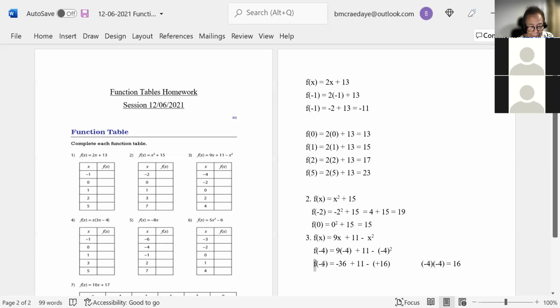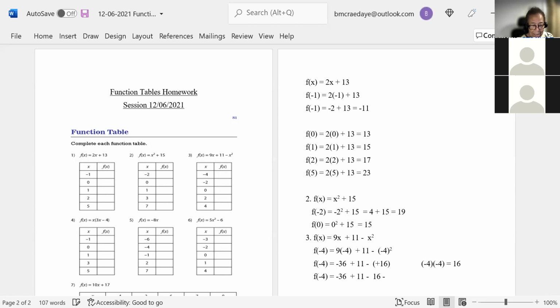So let me just copy this. Okay, so this becomes a minus 16, minus plus becomes minus. So that's a minus 16. Okay, so what's a minus 36, a minus 16, and a plus 11? Add the two negatives and subtract the 11. What do you get?